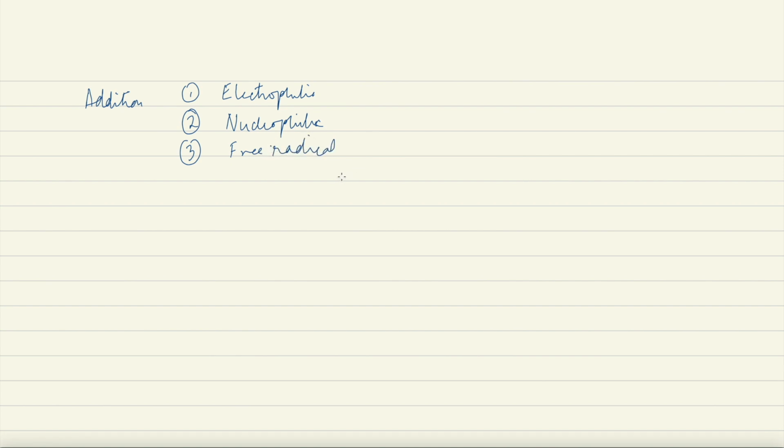Now 2 of these you have encountered. The electrophilic addition, this one you have encountered in the alkenes and alkynes reactions, like addition of HBr, addition of HCl, so those you have encountered. Free radical also you have encountered in alkenes.